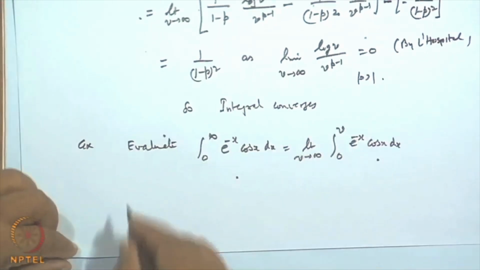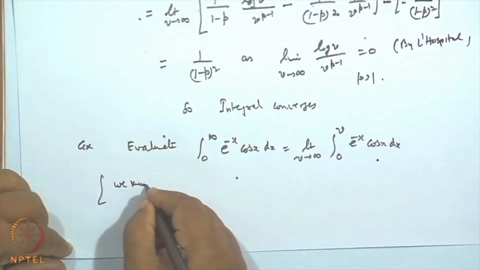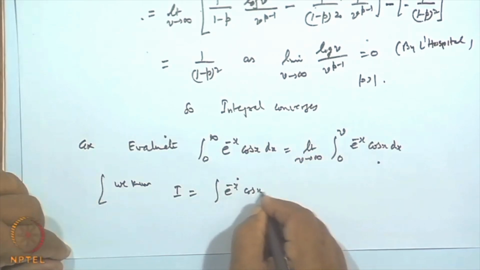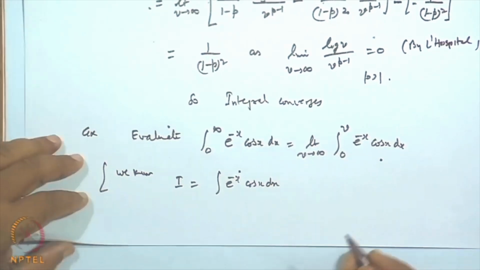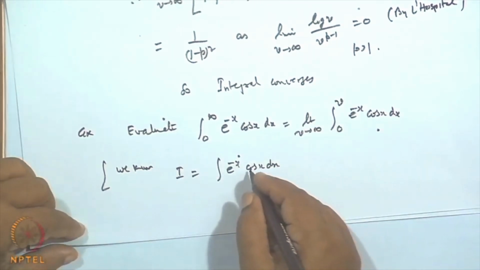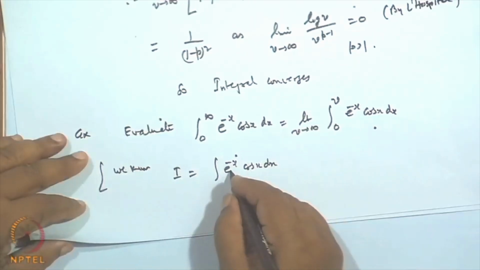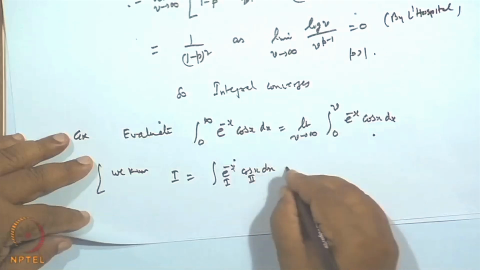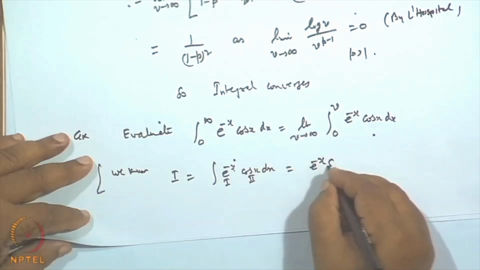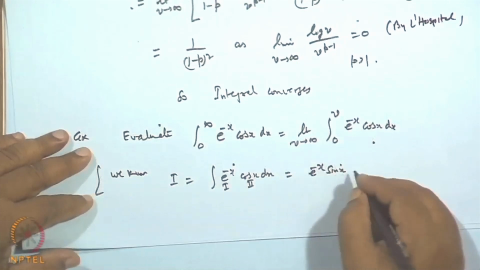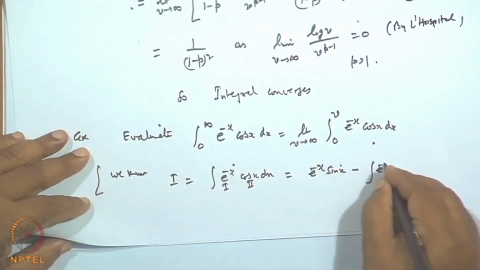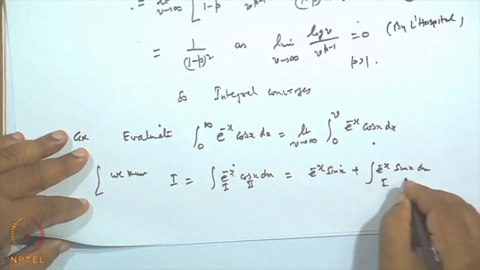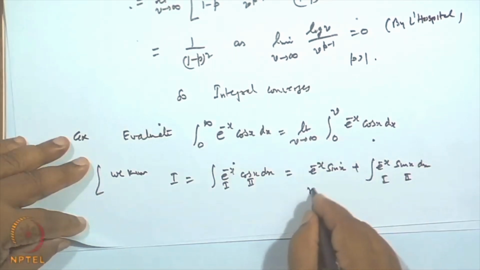Now what I say, we know that if I take I to be the integral of e to the power minus x cos x dx, okay, and then taking the first and second function, first function, integral of the second, minus integral of the derivative of the first, integral of the second, the integral of the second is sin x, okay, and again first function and second function, and again repeat this thing.